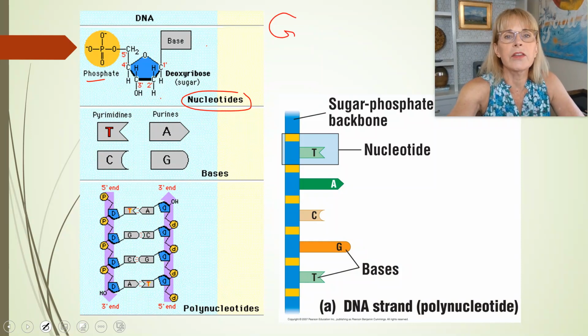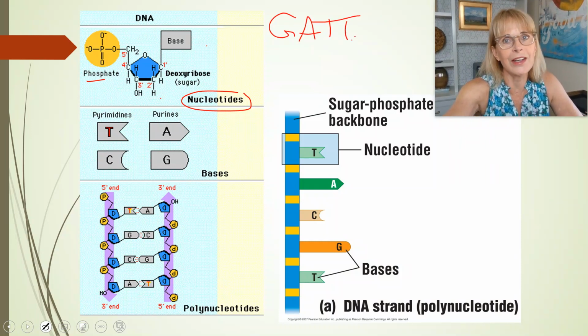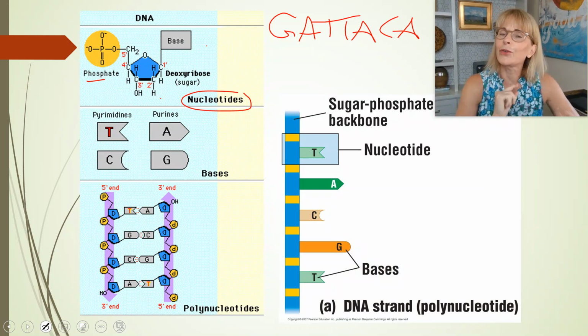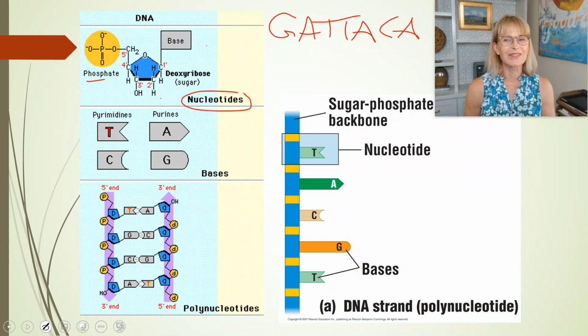G, A, T, and C, there once was a movie called Gattaca. I do not know if I'm spelling it properly. The movie was called Gattaca, and it starred Uma Thurman, Jude Law, and Ethan Hawke back when they were your age, and they were adorable. And the movie Gattaca is about a science fiction future where your DNA dictates your entire life.